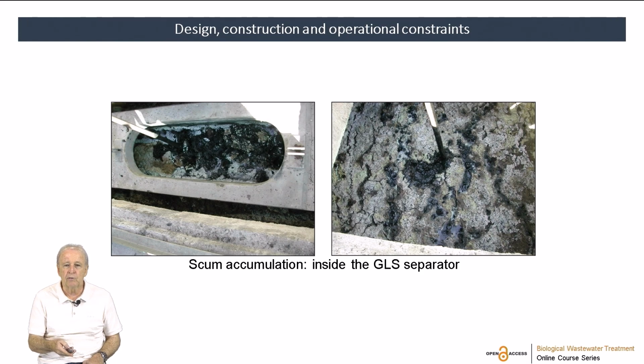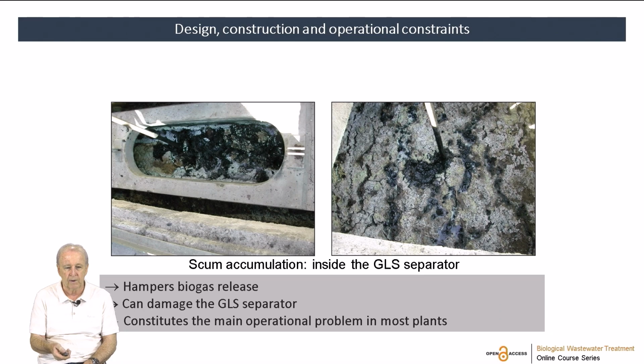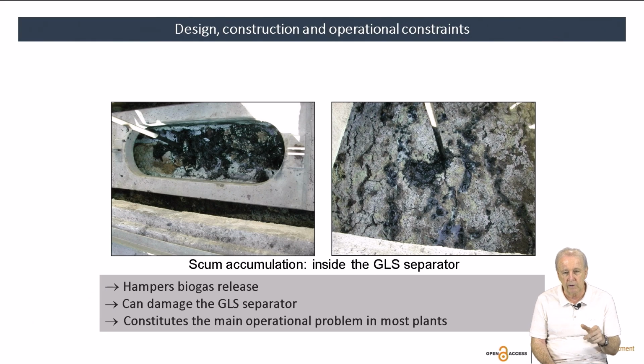Here is another detail about those two slides, the characteristics of the scum accumulated inside the three-phase separator. This type of scum, solid and concentrated and thick, can hamper biogas release, so it blocks the biogas liberation, and the biogas will go through the apertures to the settler compartment, taking gas bubbles inside the settler compartment. Of course, you will disturb solid sedimentation.